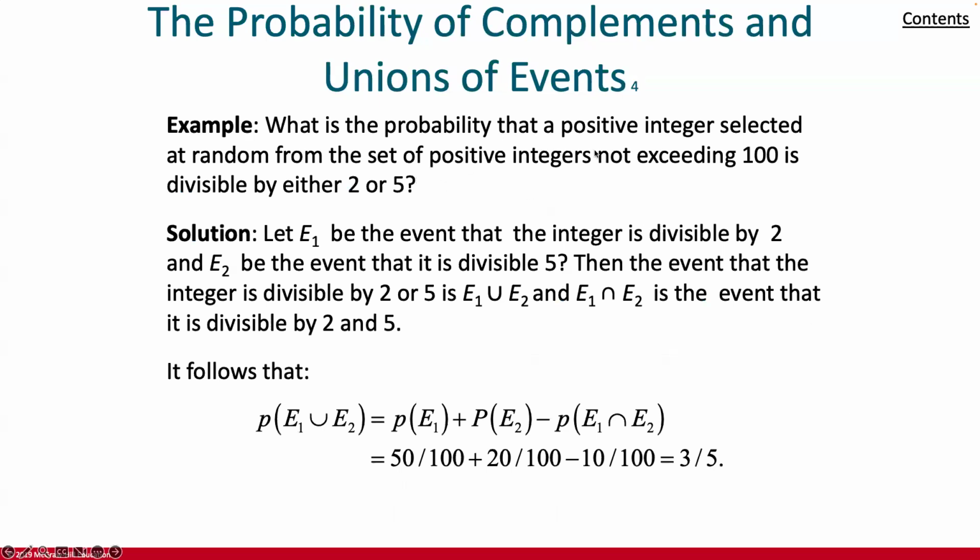What is the probability that a positive integer selected at random from the set of positive integers not exceeding 100 is divisible by 2 or 5? We have a probability of being divisible by 2 and a probability of being divisible by 5, and we can work that out and come up with a solution. You can see that here.